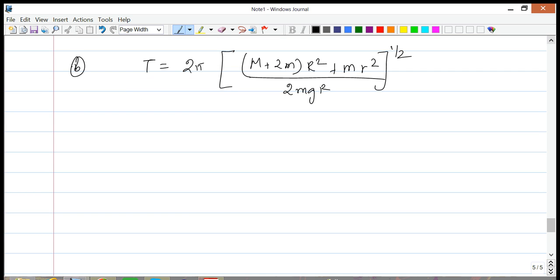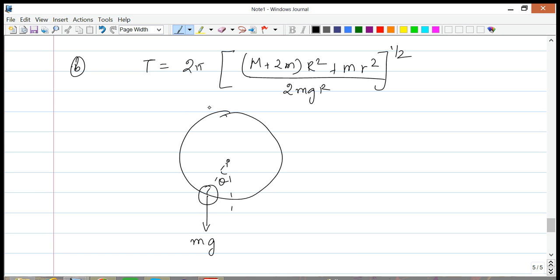Now, to achieve this, we're going to go back to the basic problem itself. And this is for the time period for small oscillations. Okay, so we're going to take theta here. What's happening is that the force of gravity on this little disk, which will be mg, is what is responsible for the torque.